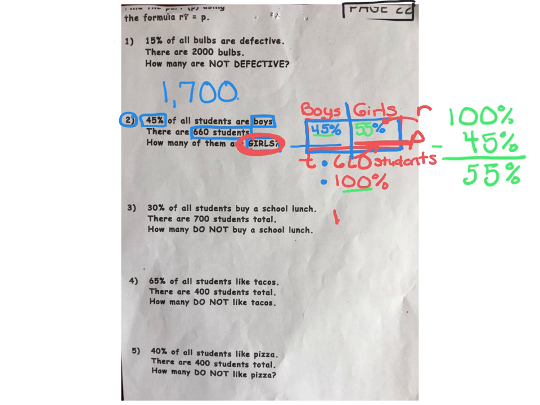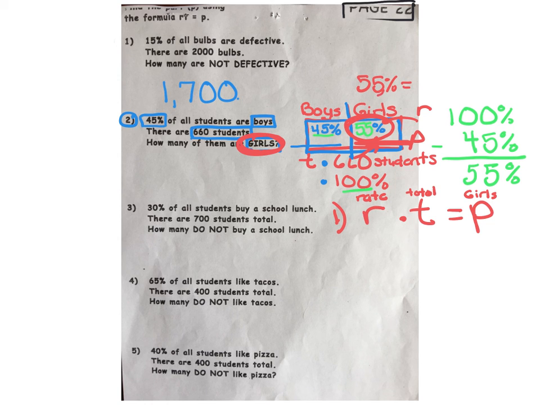We're going to use the formula R times T total equals P. Now that P will represent the amount of girls, which makes up part of this total amount of 660. And we will use the rate associated with that part of the bar. But remember, we're not going to use 55%.